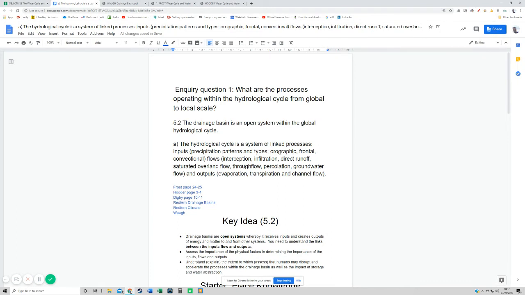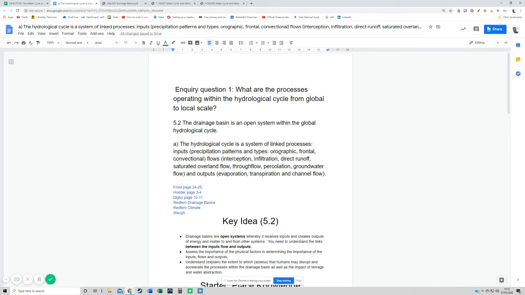Orographic rainfall is where you've got hills, or it's relief rainfall you'll have done in lower school. Hills cause air to rise, and then it rains. So, for example, the west of our country tends to get a lot of rain coming off the Atlantic. The air comes off the Atlantic, rises, cools, condenses on the hills, and rains. That can bring a lot of drizzle, but it also means that after the hill it gets drier.